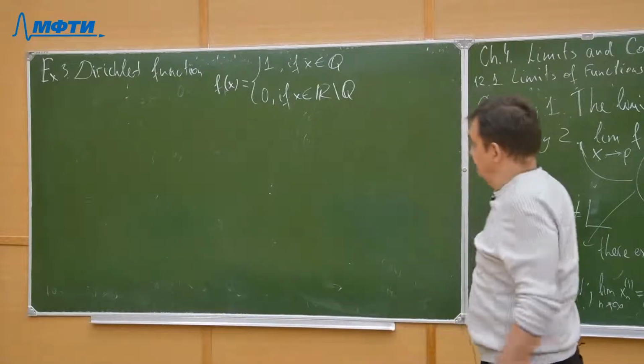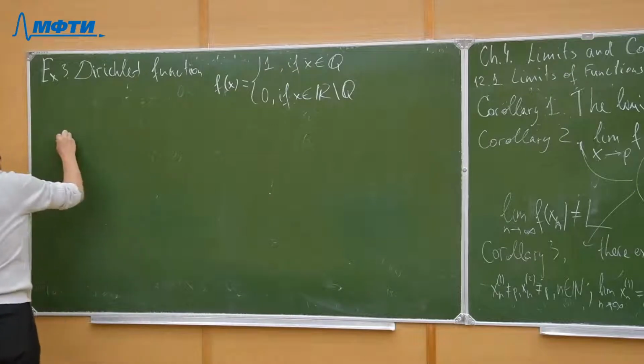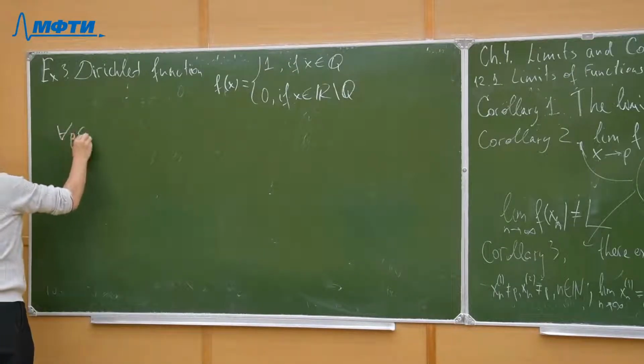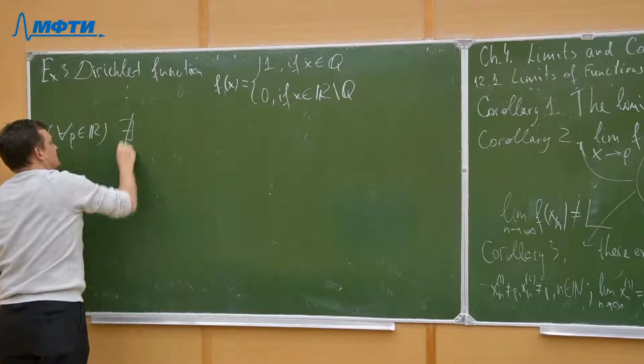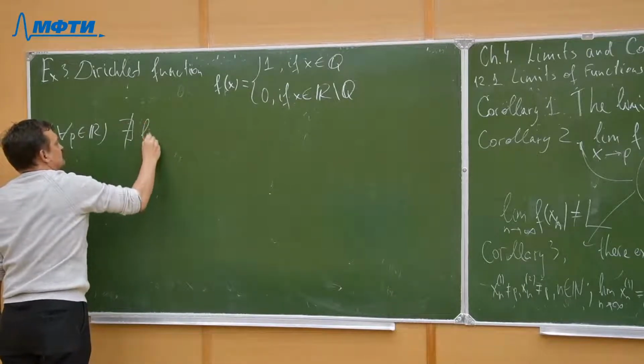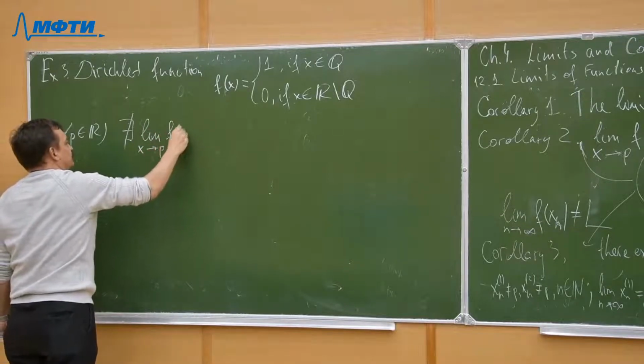That is the function. So for arbitrary p in R, there exists no limit as x tends to p of f of x.